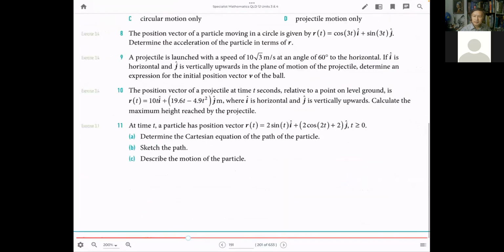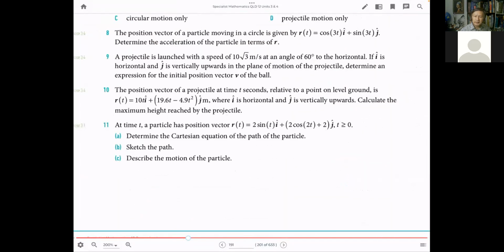Question 11A: determine the Cartesian equation of the path of the particle. So you need to find the equation of the path. At time t, the particle has the position vector, and determine the Cartesian form.